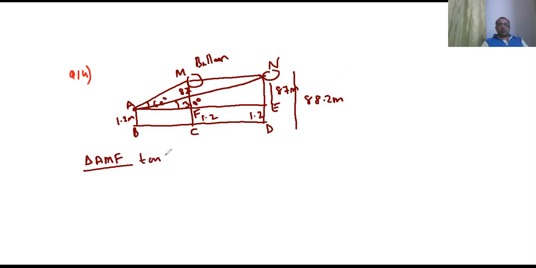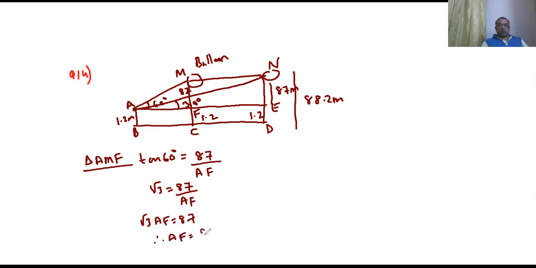I can use tan 60. So tan 60 is perpendicular, we have found out 87, upon the base length as AF. Substitute the value of tan 60, root 3. Cross multiply, root 3 AF is 87. Therefore, we can say AF is equal to 87 upon root 3.